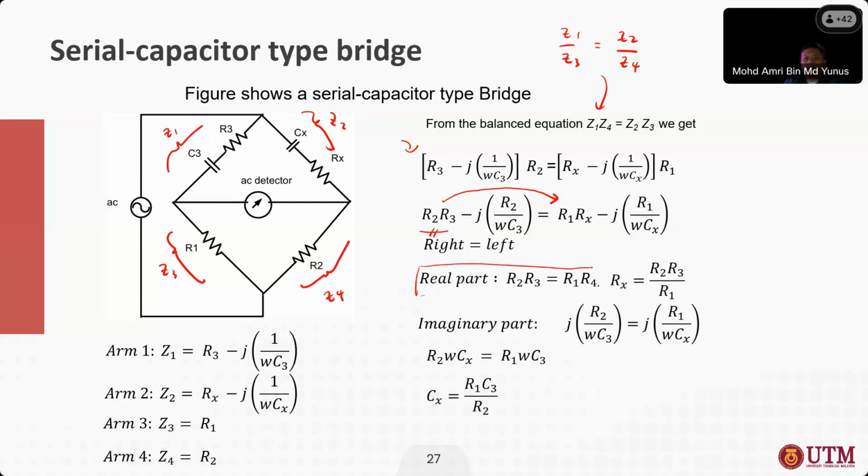Then for the imaginary part, R2 over omega C3 is equivalent to R1 over omega Cx.